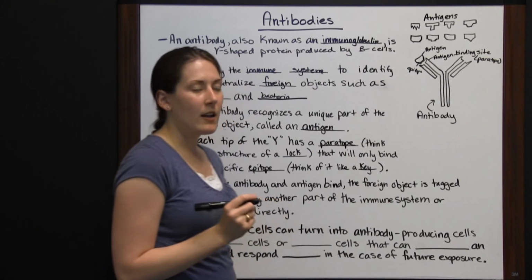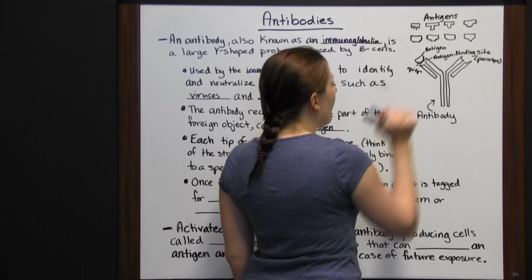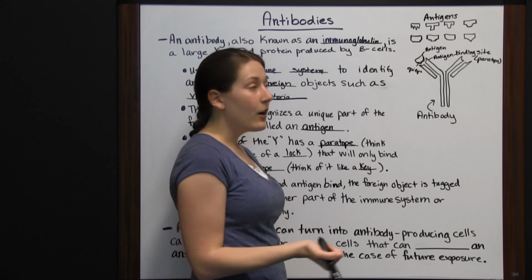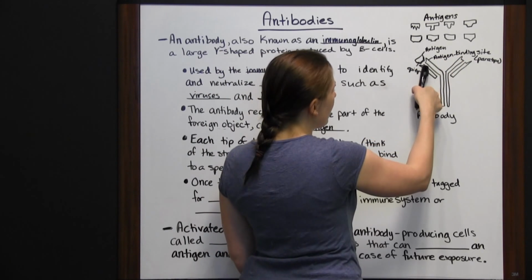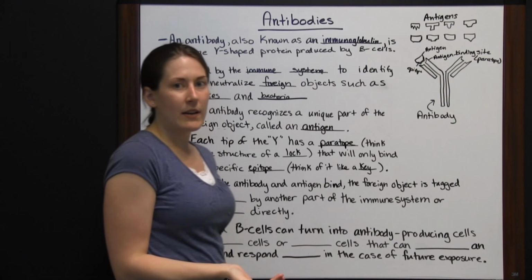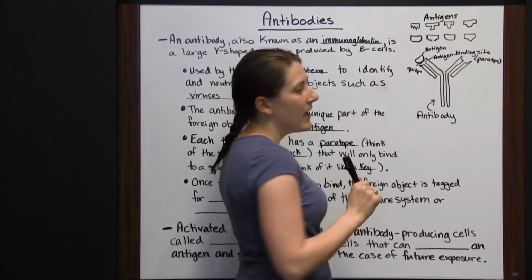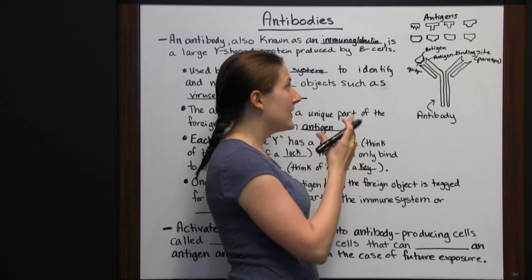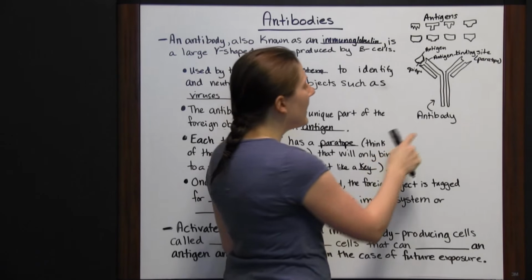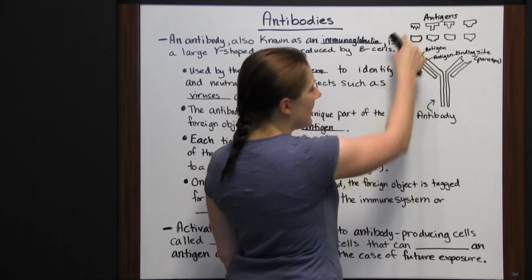So that one spot on your antigen is what's going to be able to bind to the one spot on the antibody. And if you don't have the right key to go in the lock or the right lock to bind with the key, then nothing's going to happen. So there are lots of antigens, and different antibodies can attach to different ones of those. But one antibody is only going to be able to bind to one antigen.